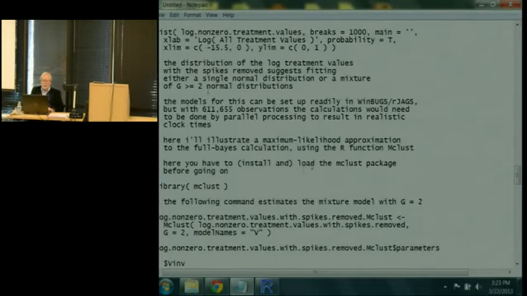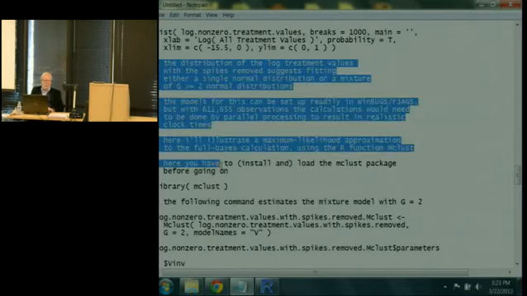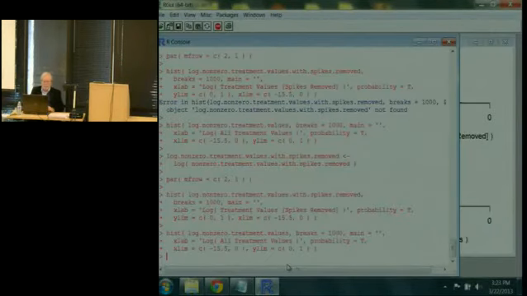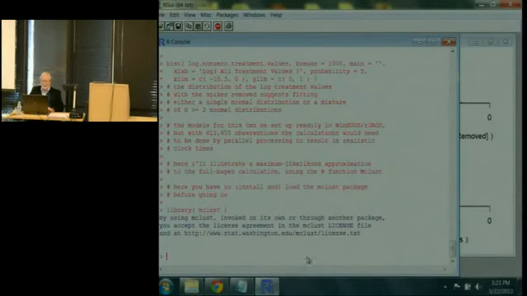I've already installed it, so I'm just going to go ahead and load it with the library command as usual. And the people who wrote this code at the University of Washington get in our face about this. By using this invoked on its own or through another license package, you accept the license agreement in the license file, whatever that might be.